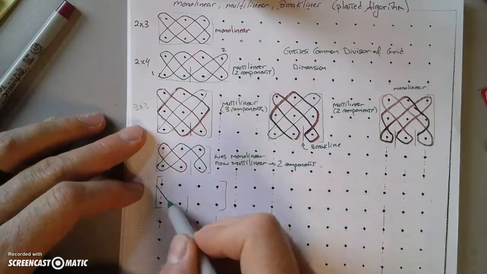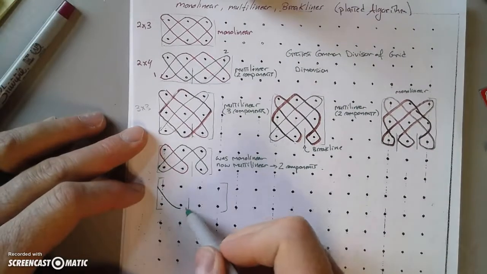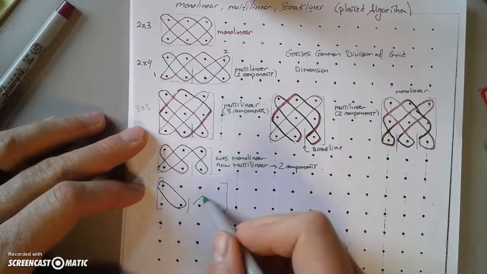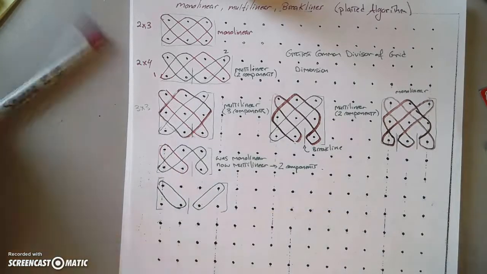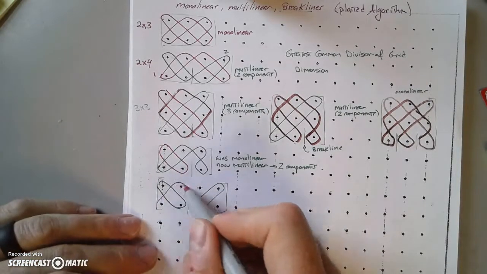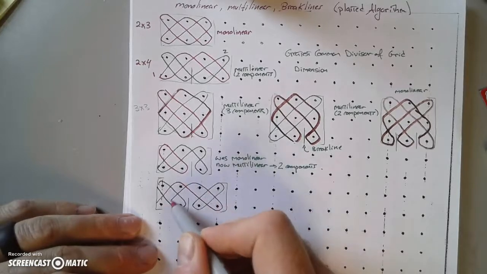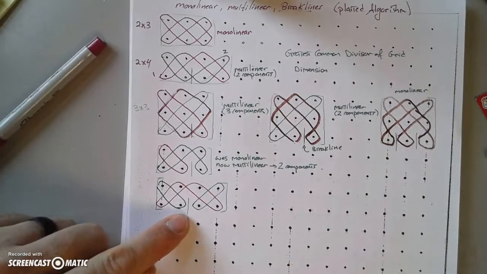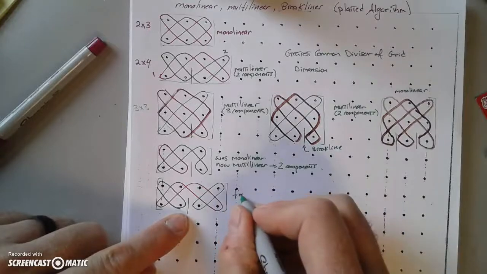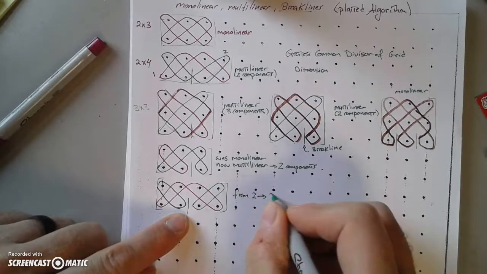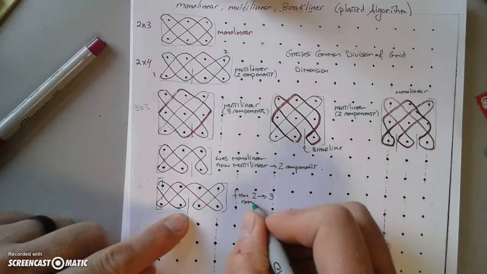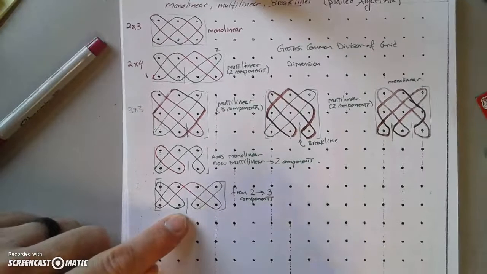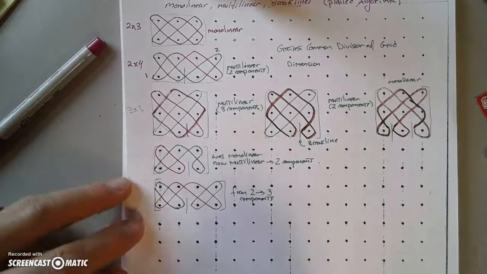So here I'm trying to do this green curve, but there's a break line in the way. So it cuts it into two pieces. The purple or violet piece remains the same. That doesn't pass through the break line. But this break line took us from 2 to 3 components. So break lines can increase or decrease.